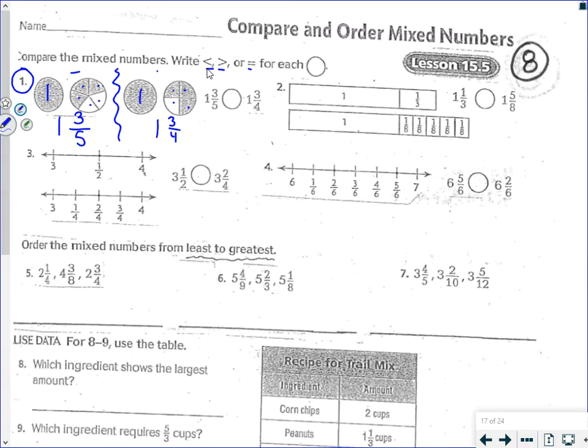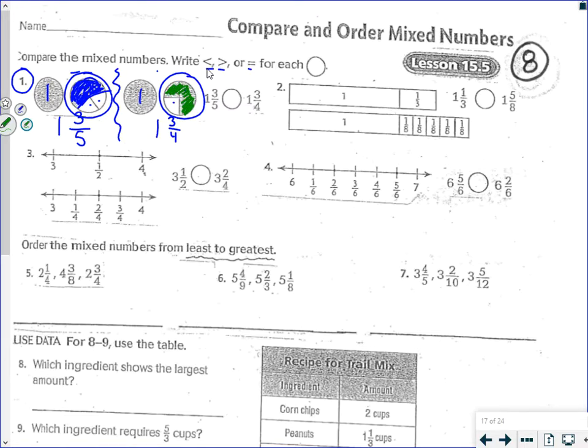What I want to see is which one of these covers the most area. I know that this one covers about this much, and we have this much left. And this one covers this much.